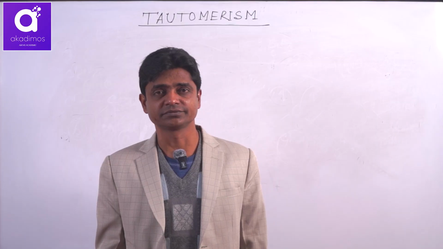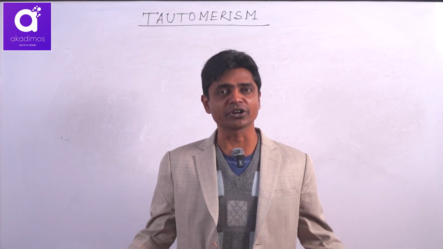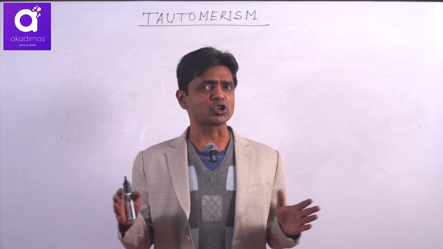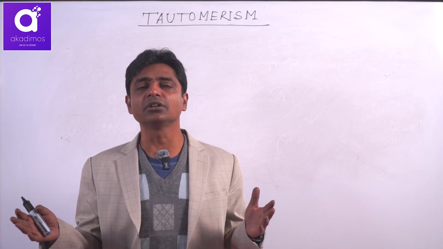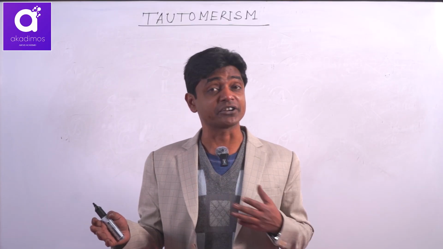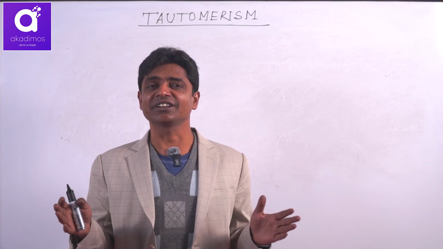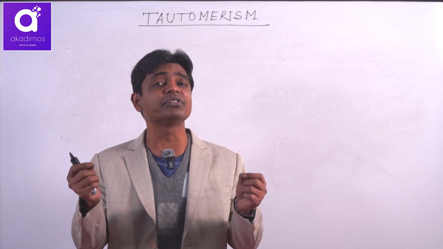Dear students, in today's class I am going to discuss an important part of organic chemistry, tautomerism. Actually, tautomers are functional isomers, or you can say structural isomers. But here, not simple structural isomer. It is a spontaneous equilibrium phenomenon.